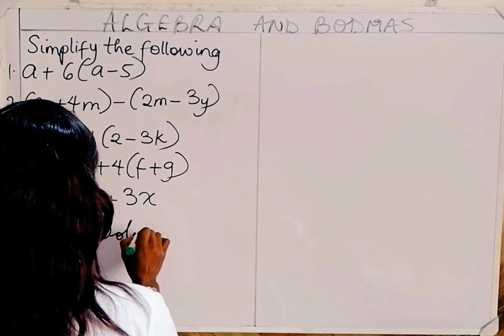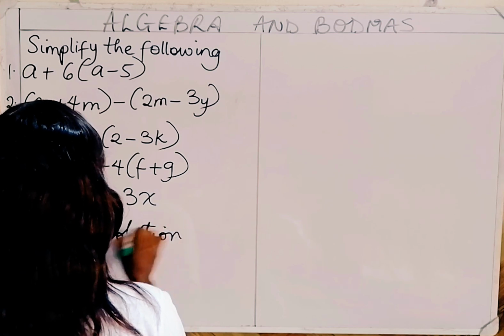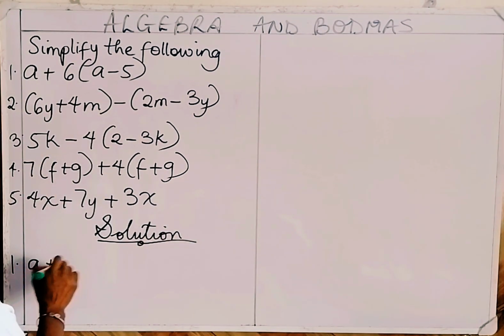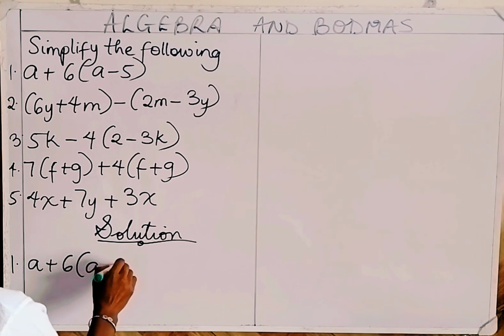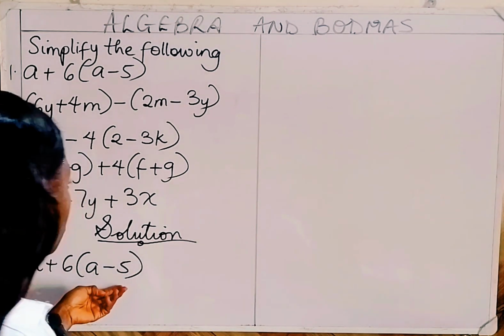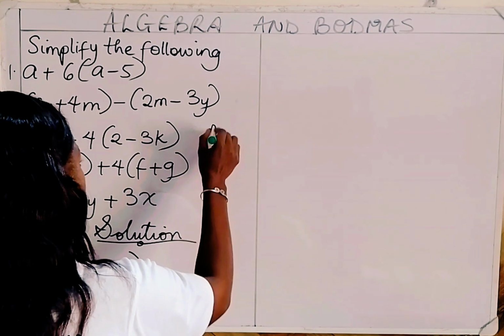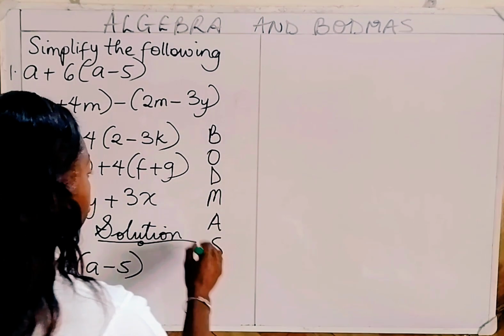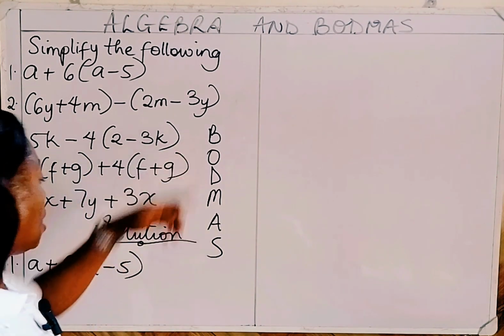Okay, solution. On the first question we have a plus 6 into brackets a minus 5. Now, first of all, we need to what? Open the brackets according to the BODMAS principle, right? We need to open the brackets.